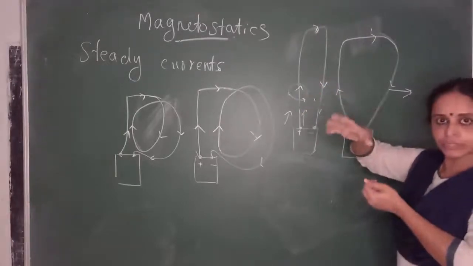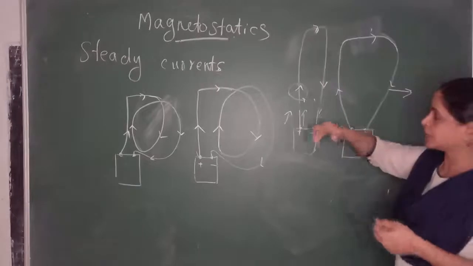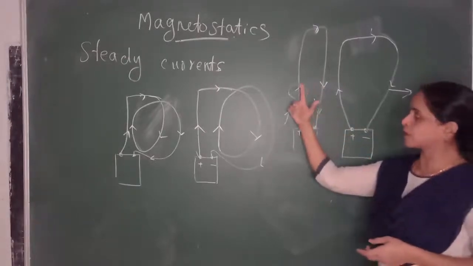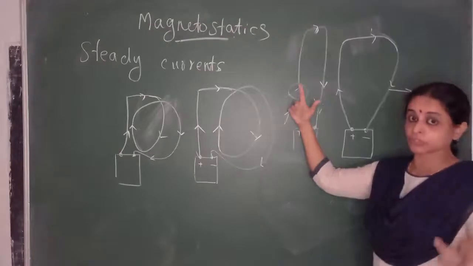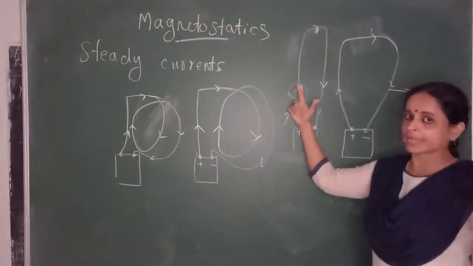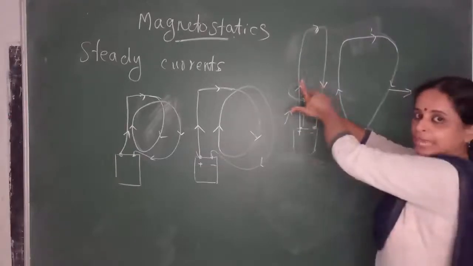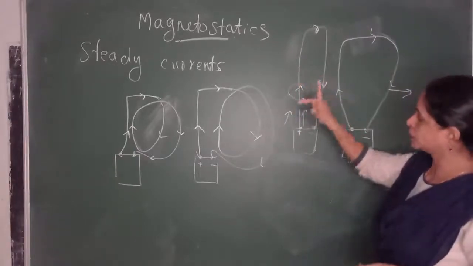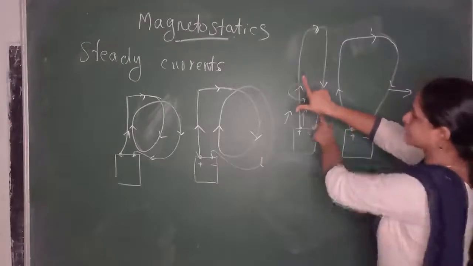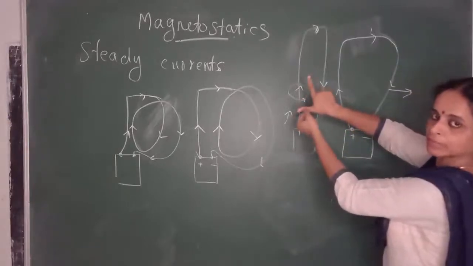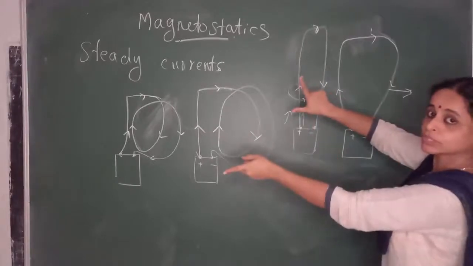For the direction of force, we can apply the right hand rule. That means we can point our forefinger in the direction of velocity, or the direction of motion of the positive charges, or the direction of current. Then our middle finger in the direction of the field. The direction of field due to the second wire is into the page. Then this thumb will indicate the direction of force.